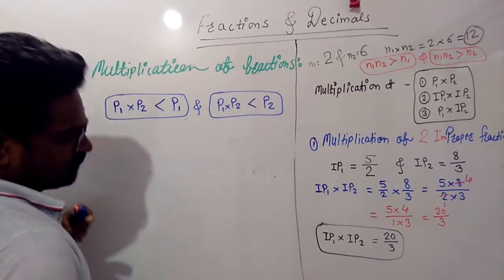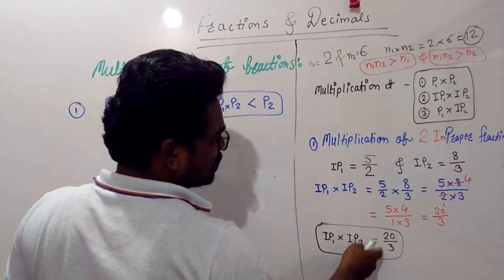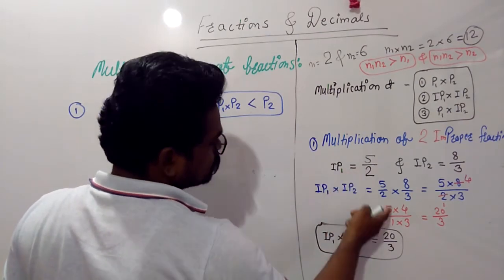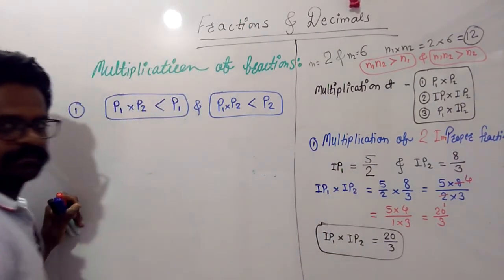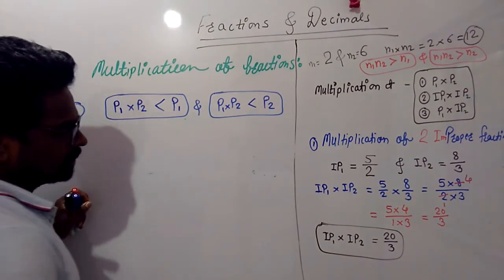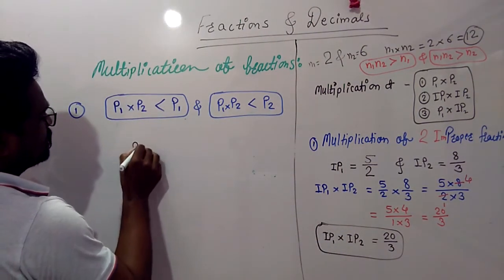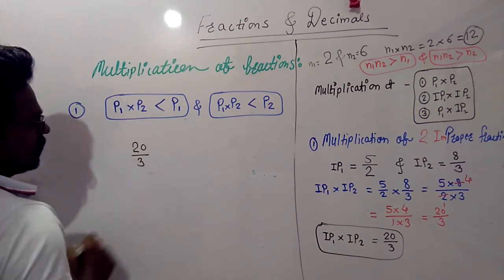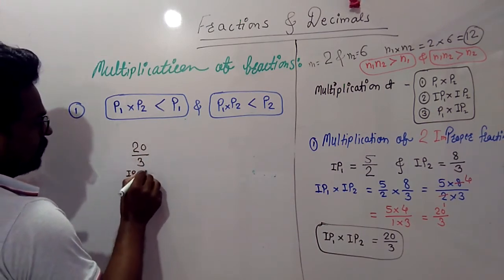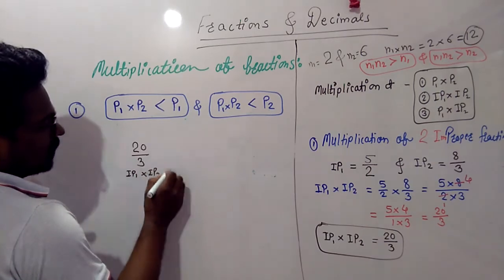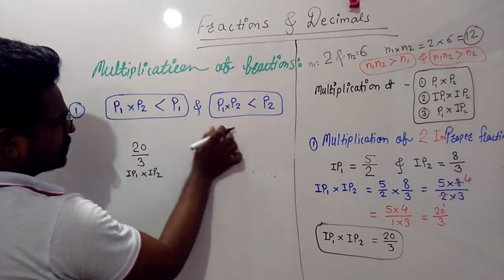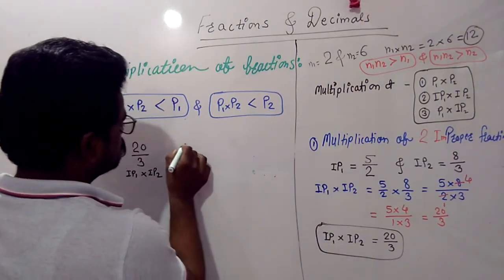Now check out, is the multiplication larger than or smaller than the improper fractions? We have to check it. Now the multiplication IP1 into IP2 is 20 by 3. First we'll take IP1, which is improper fraction number 1, 5 by 2.